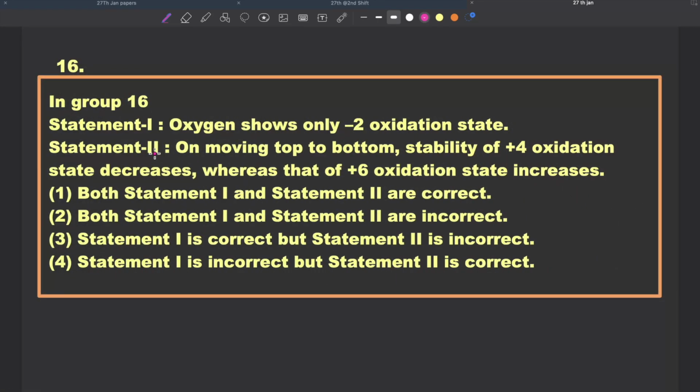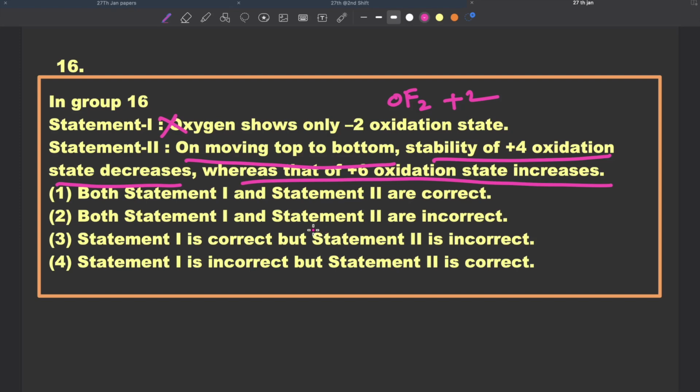Next, 16th question, statement based questions again. The statements are: oxygen shows only -2 oxidation state, which is wrong. Oxygen in OF2 shows +2 oxidation state, so the first statement is wrong. On moving top to bottom, the stability of +4 oxidation state decreases, whereas that of +6 oxidation state increases, right.